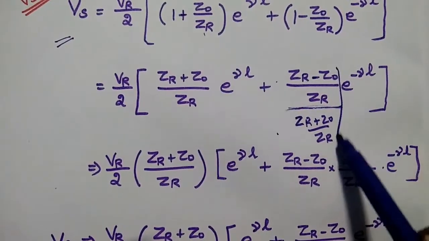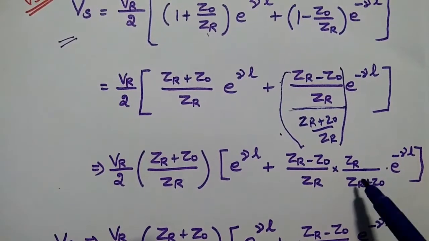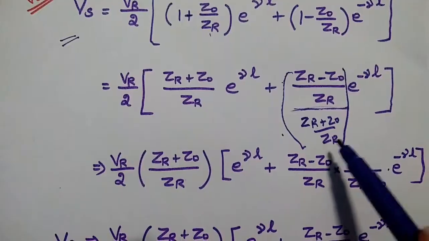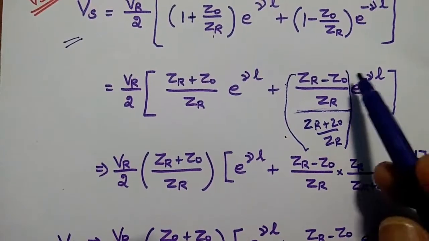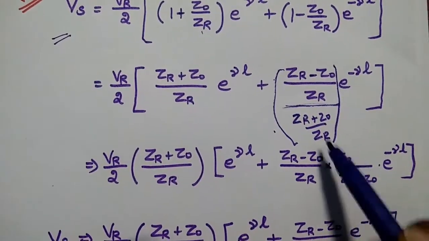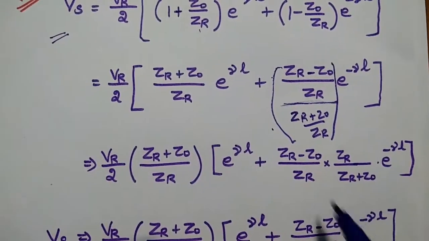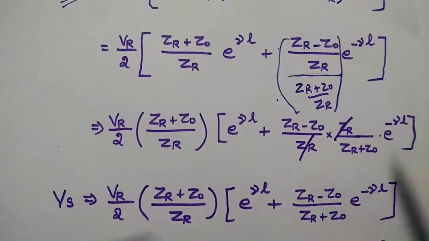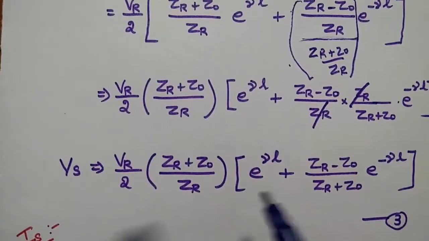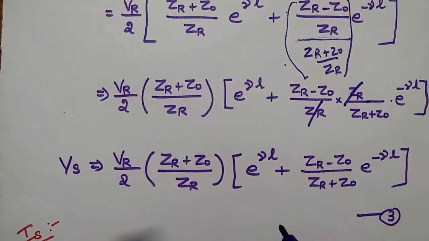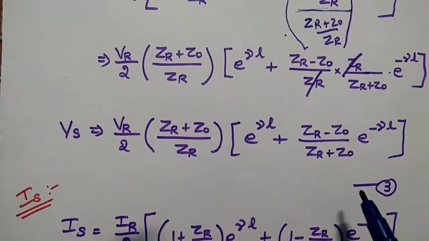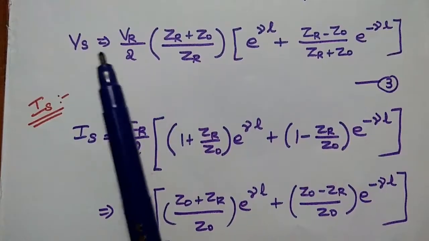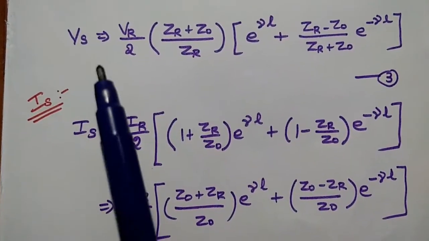So this can be written like this: (Zr minus Z0) by Zr multiplied with this denominator goes to the numerator, so Zr by (Zr plus Z0). The Zr cancel each other, and that is e power minus γL. Next we consider this as the third equation. This is the equation of sending voltage.